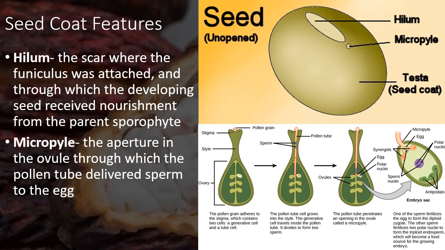The pollen grain has within it a tube cell, which grows down toward the ovules through the style into the ovary, and it's following chemical cues which are released by the ovule. The generative cell then travels down that tube. It divides into two different sperm, and those sperm then are able to enter the ovule through the micropyle and fertilize the egg.